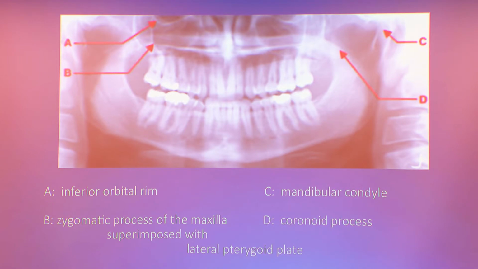Some of the overlap: the red arrow is pointing toward the coronoid process, which is here, but it's also pointing to the soft palate, and the two are superimposed. So that's the superior aspect of the soft palate, that's the inferior aspect of the soft palate, and it's overlapping the coronoid process.